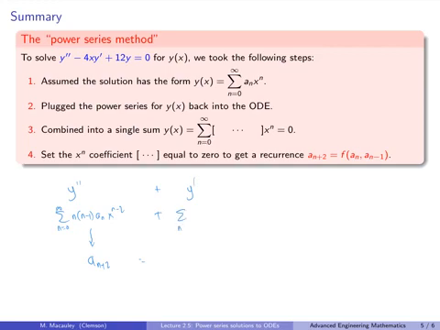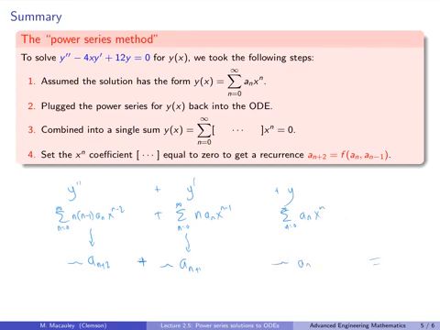Now this would give us the sum from n equals 0 to infinity of a_n x^{n-1}, and that is going to give us a_{n+1}. And then if we had a y here, that's going to give us, again, the sum from n equals 0 to infinity of a_n x^n. That's going to give us an a_n.